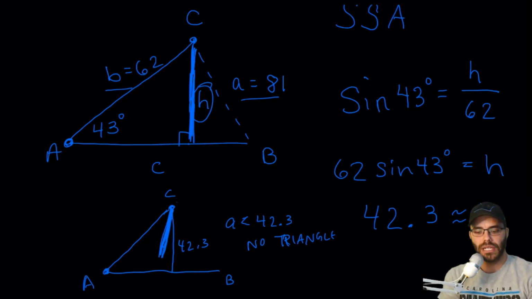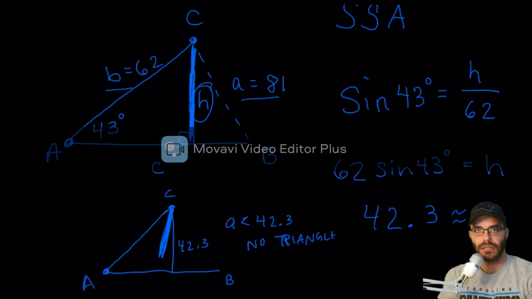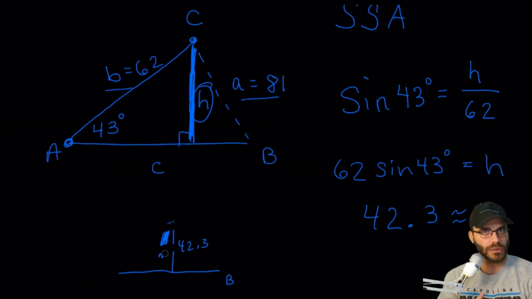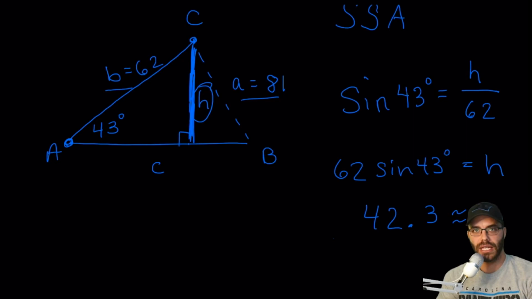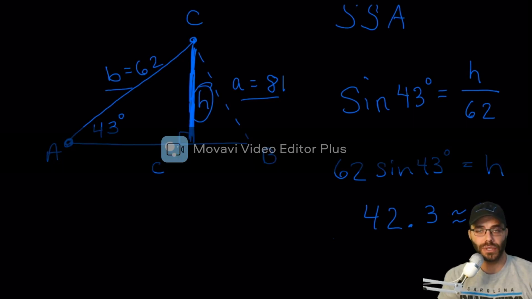Now, in our case, side A is larger than H, which is good. That means we are able to close this triangle. Now the question is, do we have 1 triangle or do we have 2 triangles? Well, comparing A with H helps determine if we have at least 1 triangle.